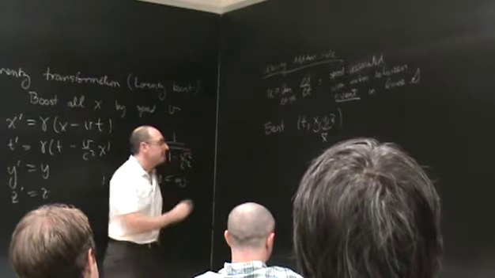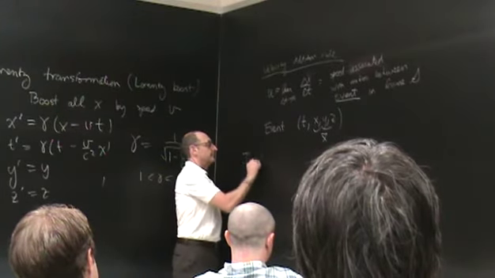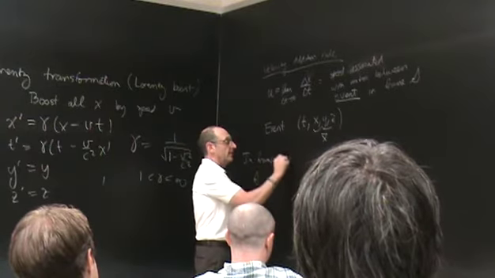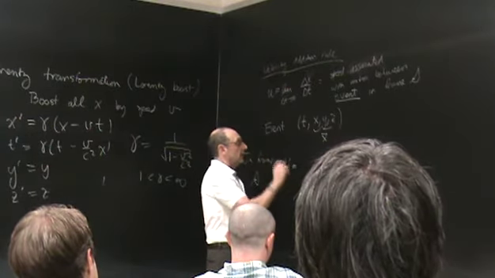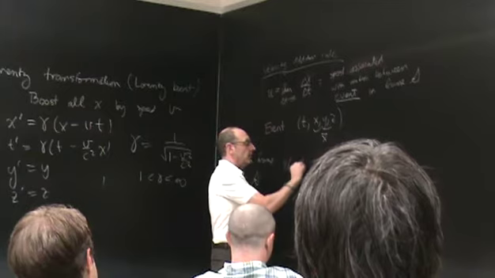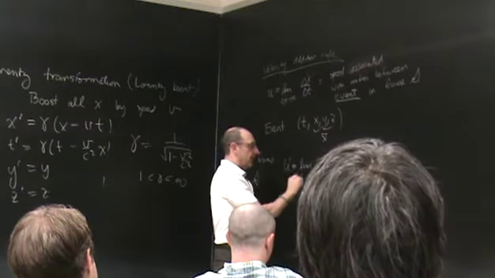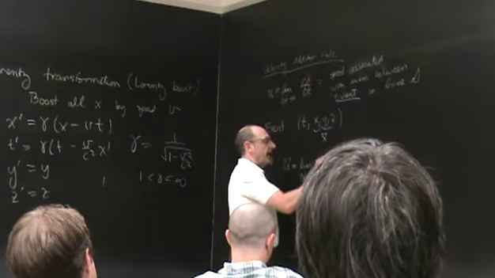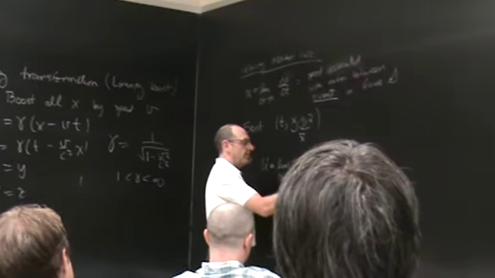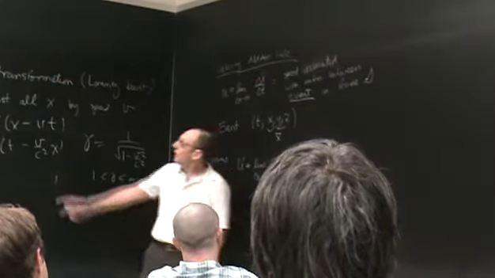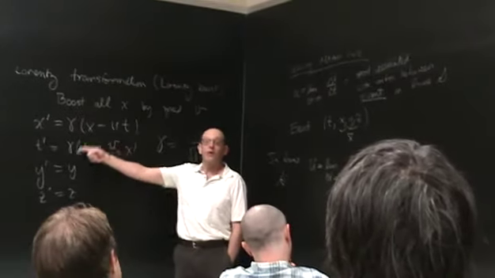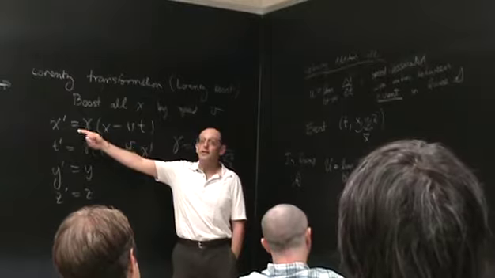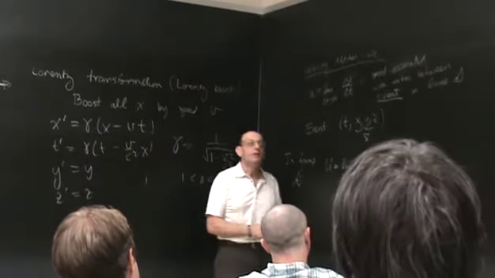So in frame S prime, u prime is equal to the limit delta x prime goes to 0 of delta x prime over delta t prime. But we have the Lorentz transformations for how the x coordinates and t coordinates transform.